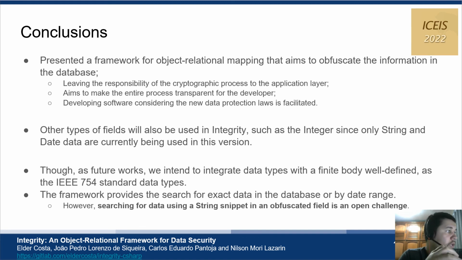Today we only use string and date types, but we aim to use the integer data type. It's not in this version. As future work, we intend to integrate data types with a well-defined finite body, such as the IEEE 754 standard data types. The framework provides the search for exact data in the database or by date range. However, searching for data using a string snippet in an obfuscated field is an open challenge, and we aim to resolve this case.